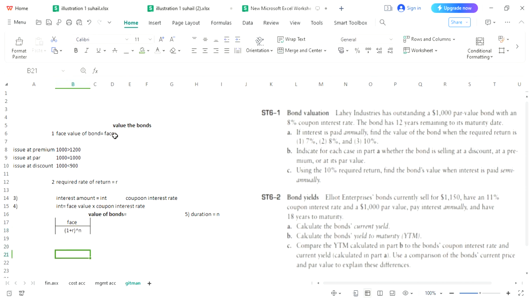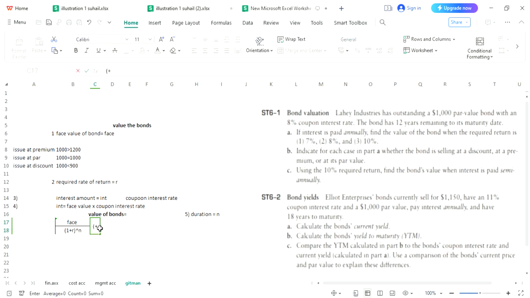So this is your first part of the formula, and then you will start your second part, and in between first and second part you will put the sign add.